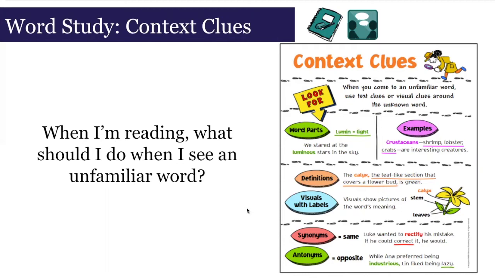You also have visuals with labels, which means that sometimes these pictures with labels can help us to determine the meaning of unknown words. Next, you have synonyms, which are words that have the same meaning. And last but not least, you have the opposite, antonyms, which means the opposite meaning of a word.